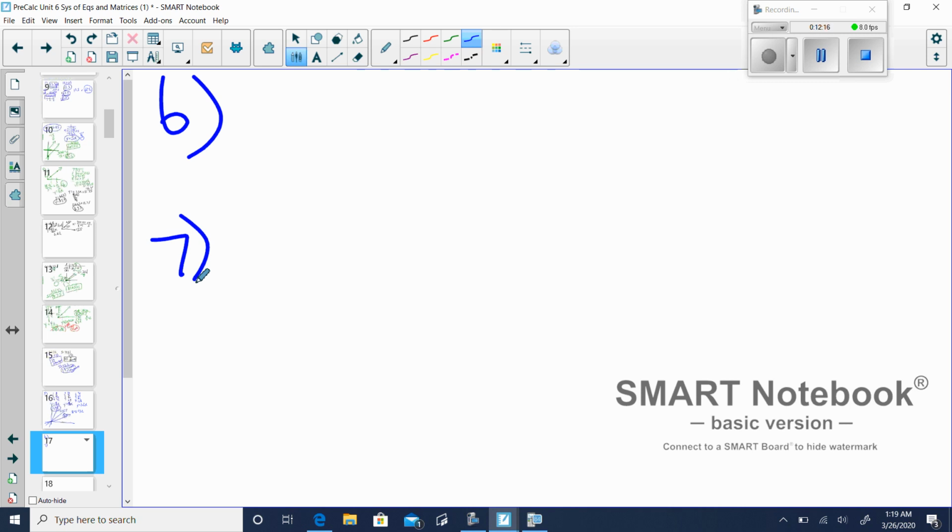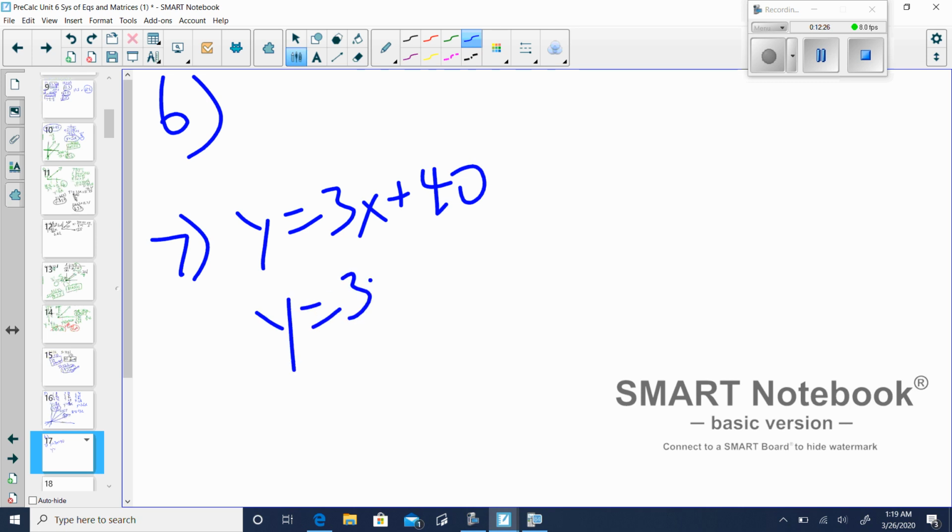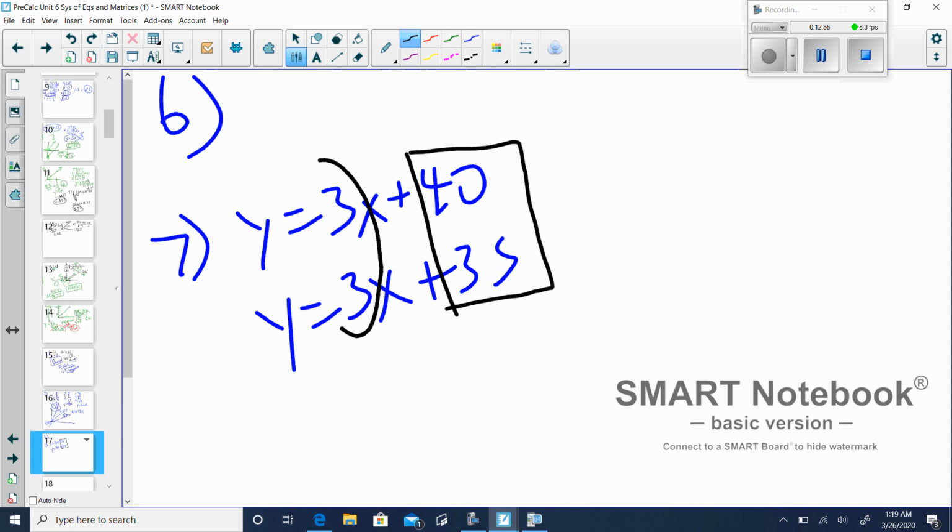7. Explain why the graph of y equals 3x plus 40 is never going to intersect the graph of y equals 3x plus 35. Guys, talked to this in another video. You have to know what's happened in previous chapters because math builds on itself.